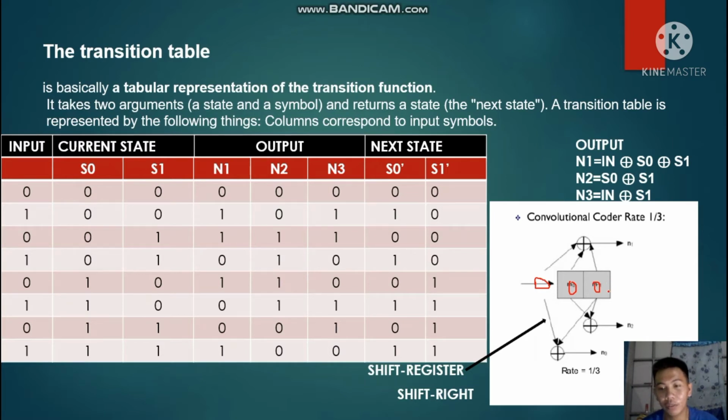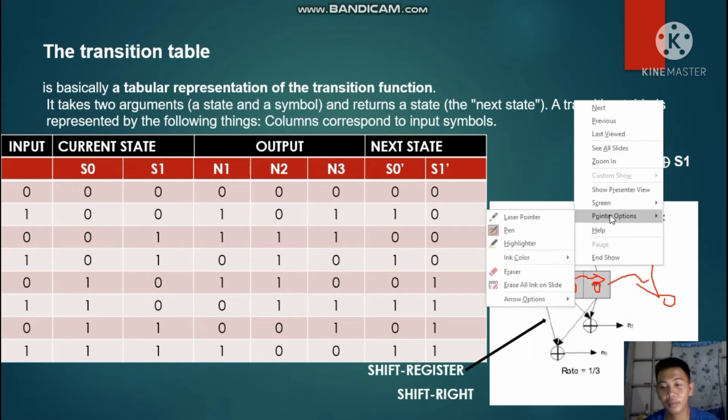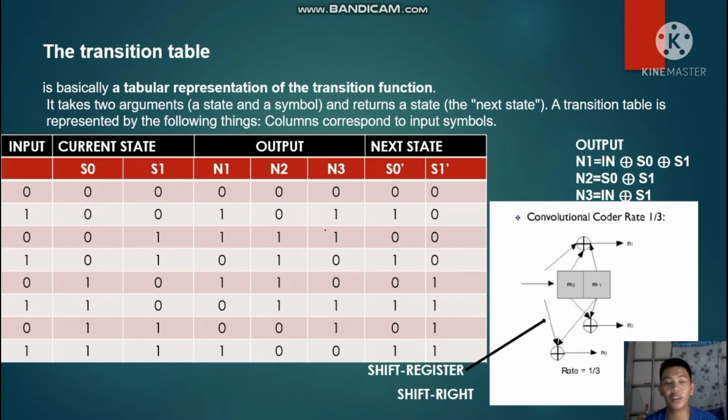So our value of S1 will go here, 0. The value of S0 will go through our S1 and our input will go through S0. So next state from current state of 0 0 will be 0 0.